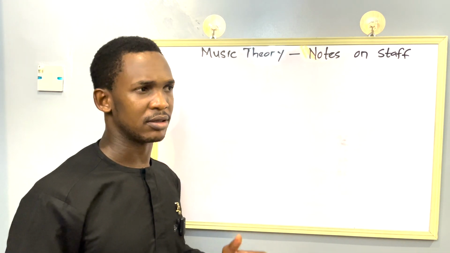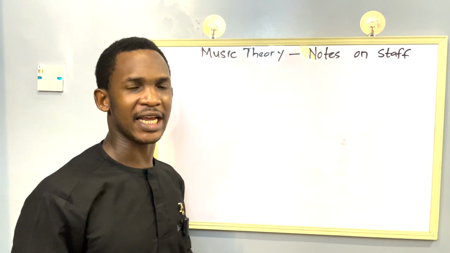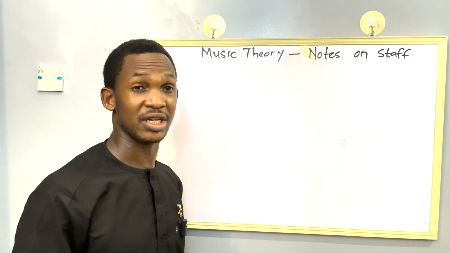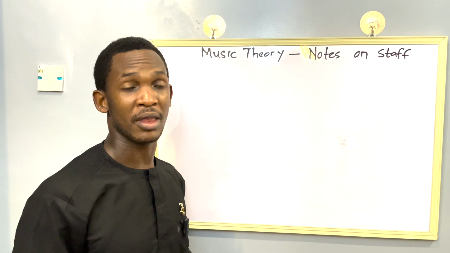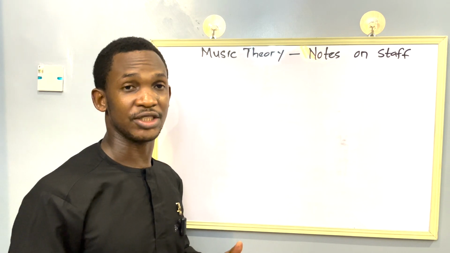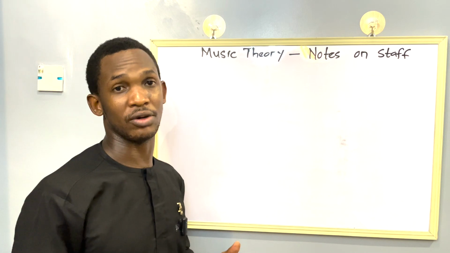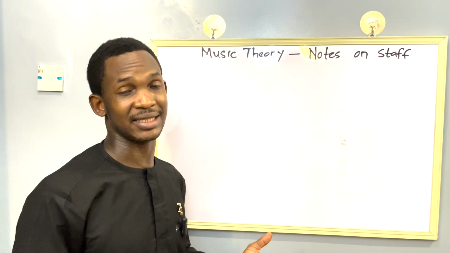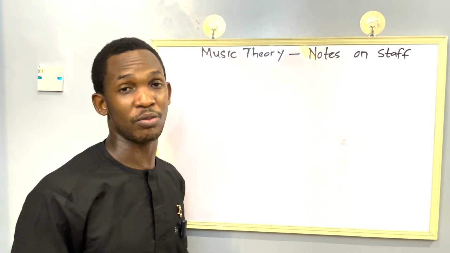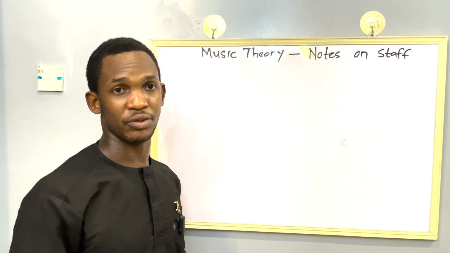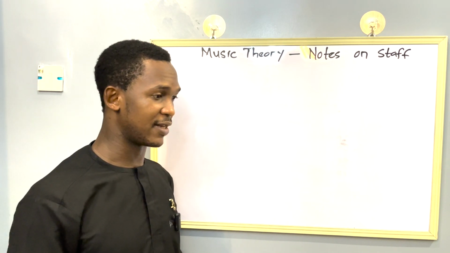Many of us want to take exams, maybe ABRSM, Musonn or Trinity, and there are some of these things in theory that get our marks lowered, or we get marked down because of the way we draw some of these notes on the staff. So I'm going to show you the correct way to do that right now.